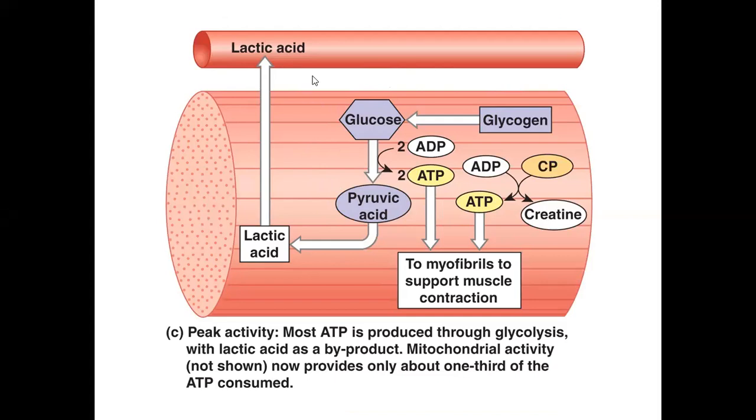Because we do not have oxygen anymore, our only source of ATP will be this glycolytic cycle. So it will end up having a buildup of pyruvic acid, and this pyruvic acid will be converted to lactic acid. And this lactic acid is taken away by the blood vessels. So now we are moving from one source of energy to a different source of energy to a different source of energy.